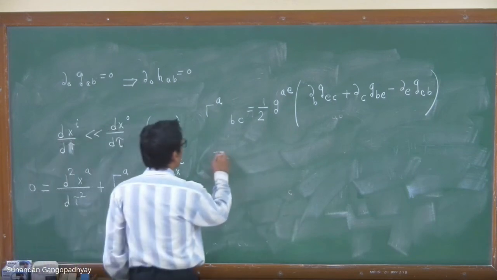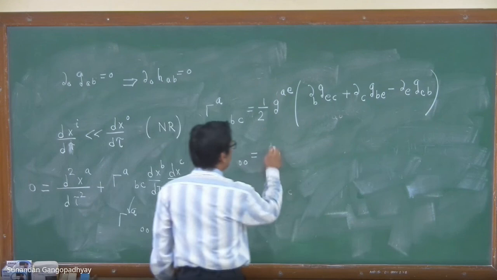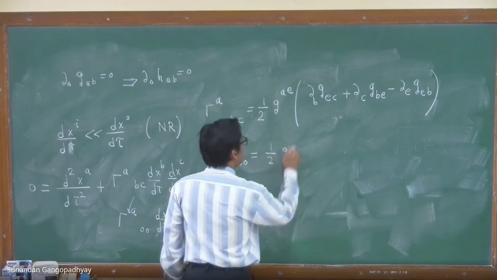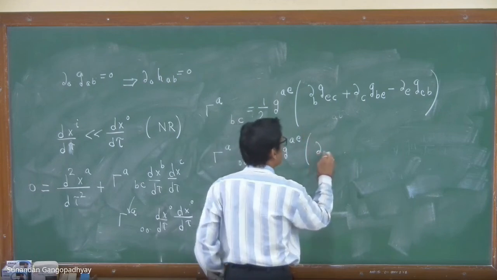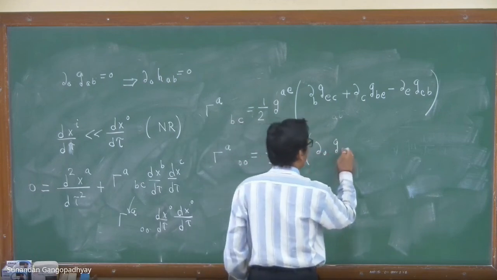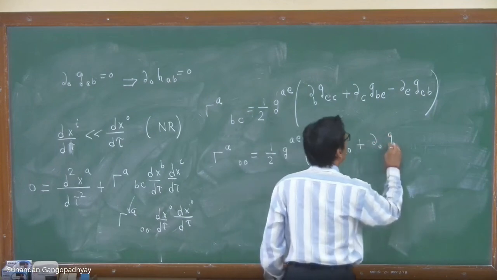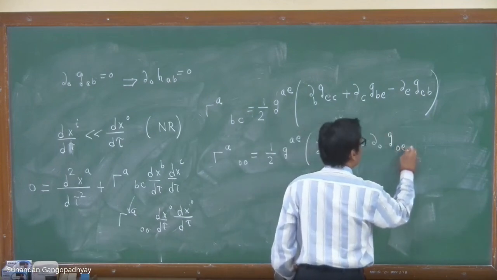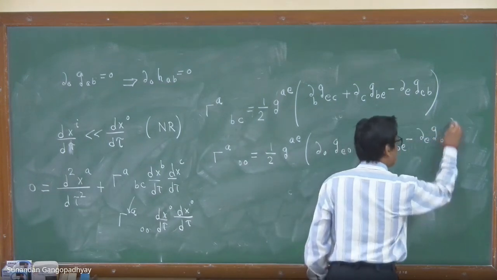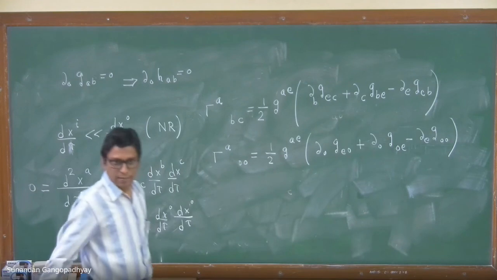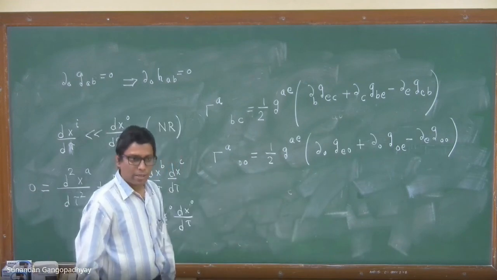So from here we have to calculate gamma^A_00. This is equal to half G^AE, with B being 0 so this is del_0 G_E0, plus C being 0 del_0 G_E0, minus del_E G_00. Now comes the second approximation, that the gravitational field is stationary.